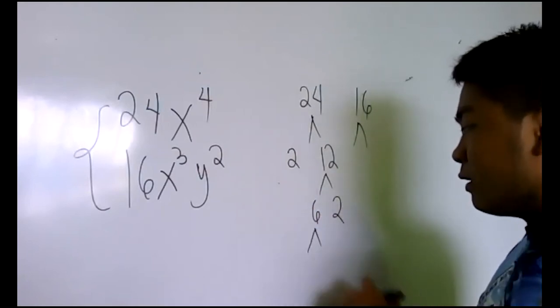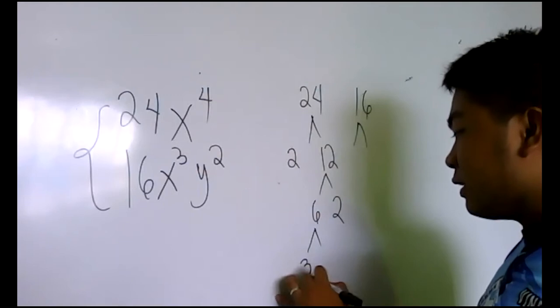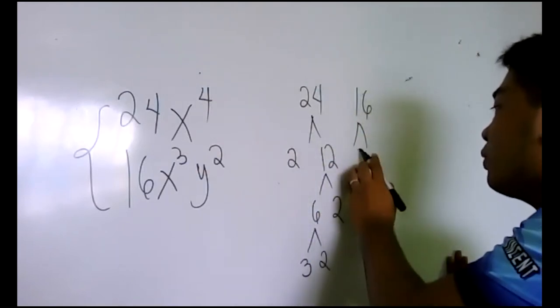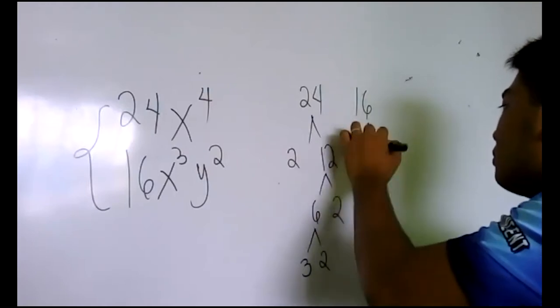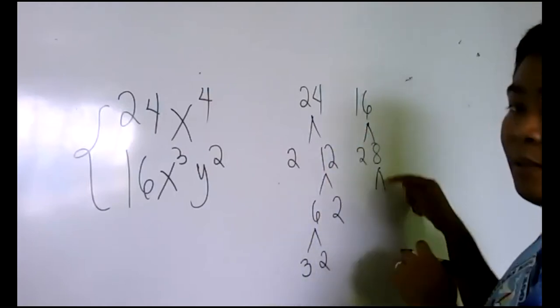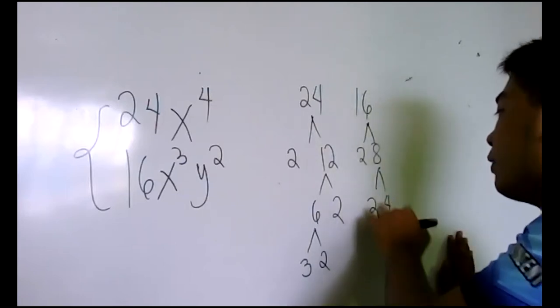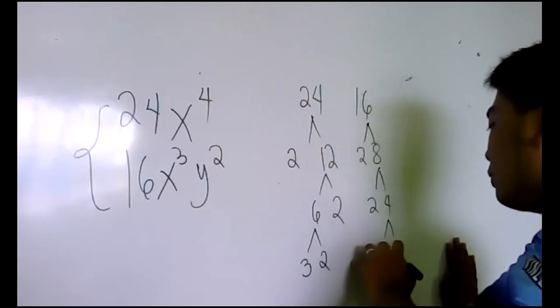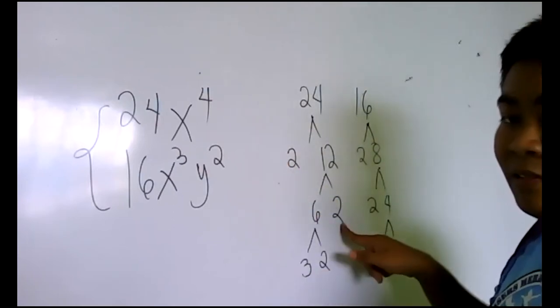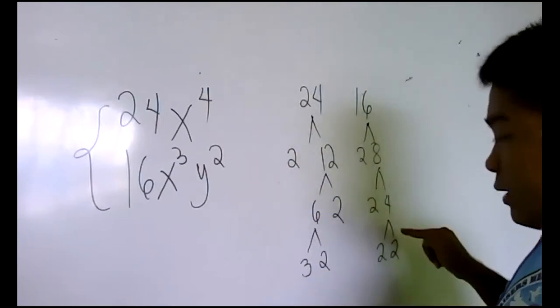And then 6 can be factored as 3 times 2. How about 16? We have 2 times 8. 8 can be factored into 2 times 4. And 4 can be factored into 2 times 2. So dapat lahat ng dulo is a prime number.